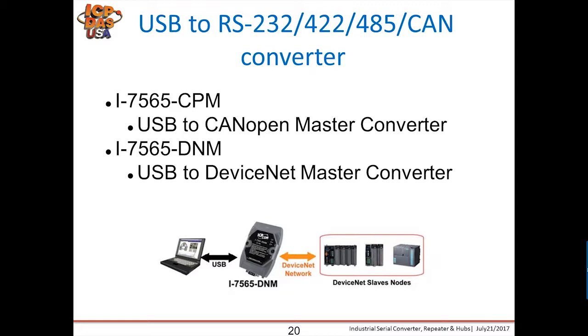i7565 DNM can represent the solution of DeviceNet application and be a DeviceNet master device on the network. It supports Group 2 only server and UCMM function to communicate with slave device.